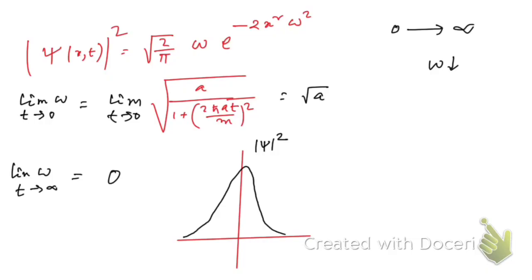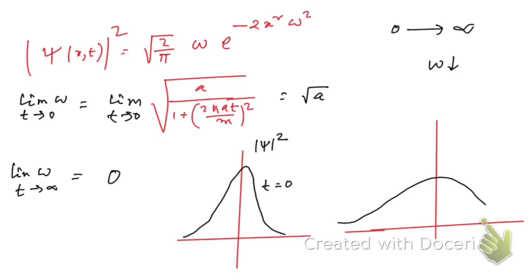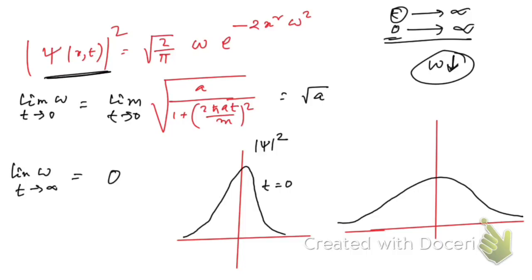This is at t equal to 0. And for t greater than 0, as t increases, this density decreases, so the graph will be something like this. As time goes from 0 to infinity, the value of omega decreases, so this also will decrease, so it will be lower.